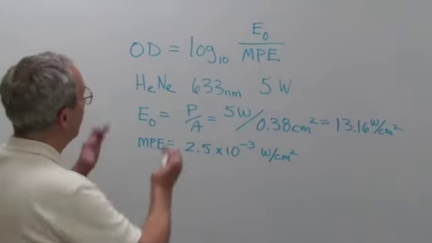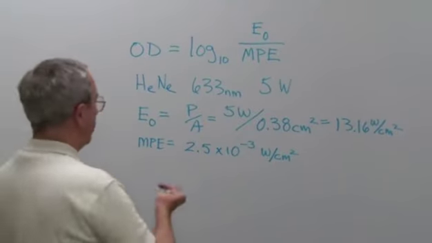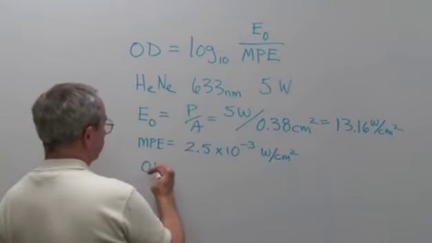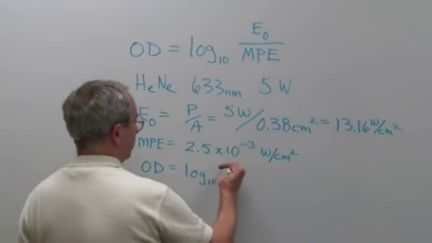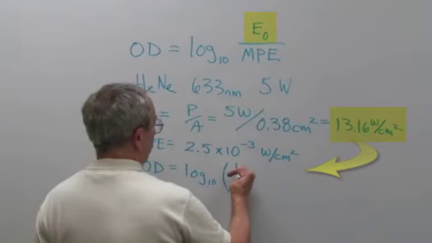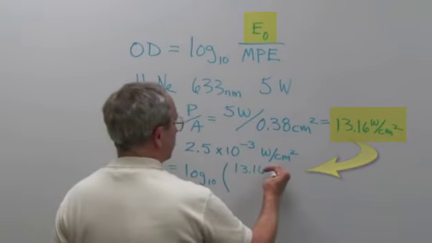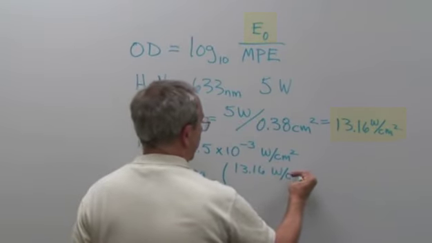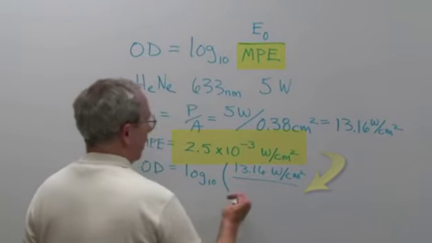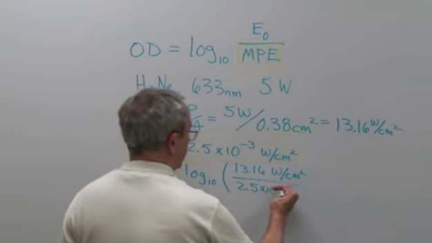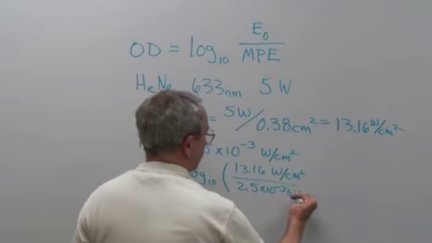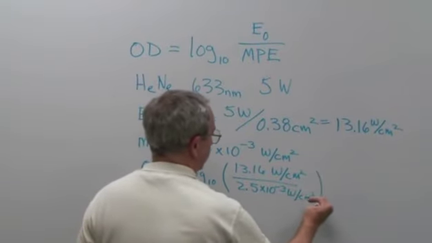So we're going to put that now into our formula for the optical density. Log base 10 of the ratio of 13.16 watts per centimeter squared divided by 2.5 times 10 to the minus 3 watts per centimeter squared.